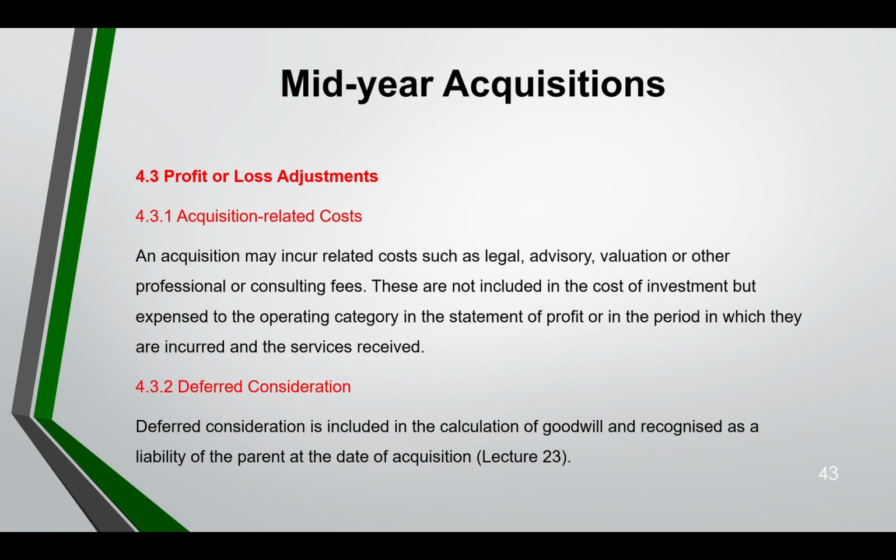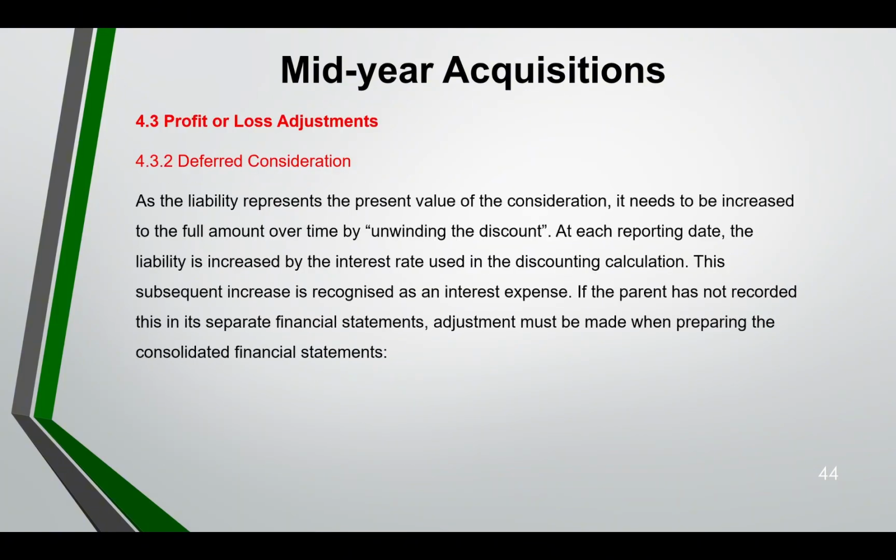Then we have deferred consideration. Deferred consideration you will include in your calculation of goodwill and you will recognize it as a liability of the parent at the date of acquisition. We have covered deferred consideration in detail in lecture 23. Next, we have once again deferred. Because it's a liability, you have to increase this amount over time by unwinding the discount. So at each reporting date, this liability will increase by that interest.